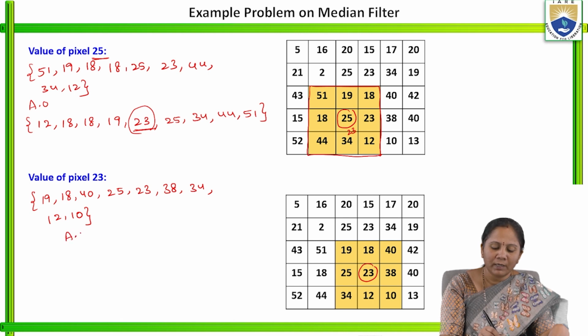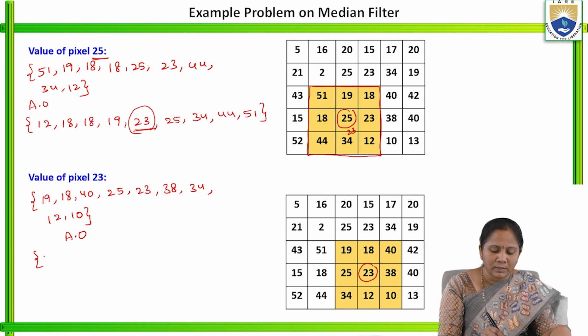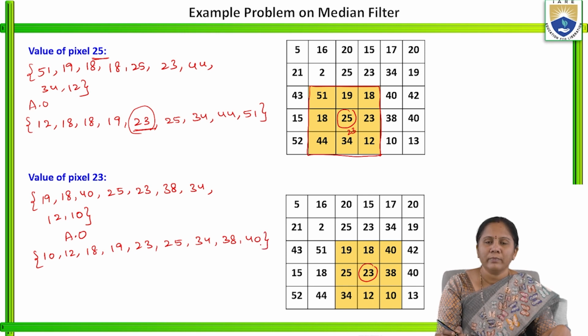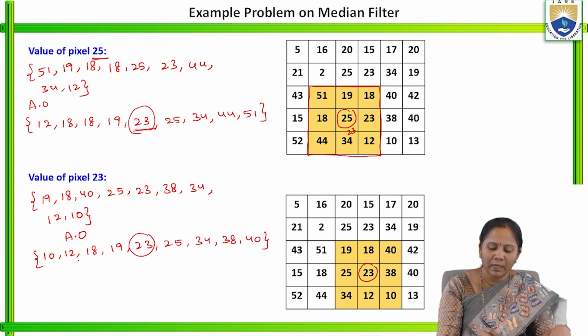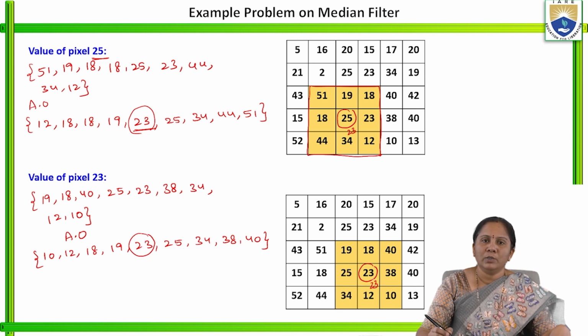So arrange them in the ascending order. That is 10, 12, 18, 19, 23, 25, 34, 38 and 40. So among all this, 23 is the center pixel. Center pixel means here we will have 4 and here we will have 4. The center value is 23. So this 23 will be replaced with 23.